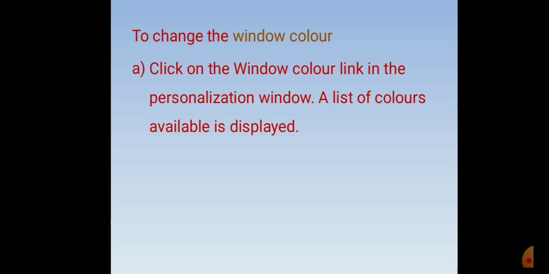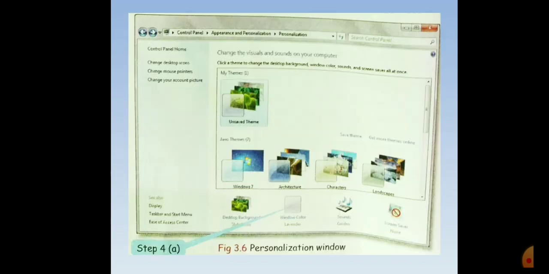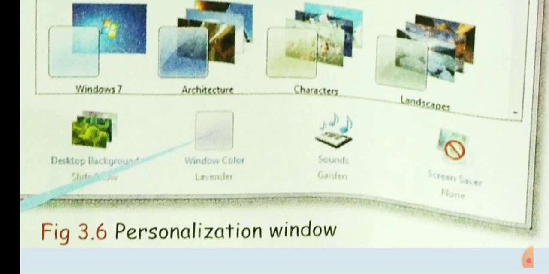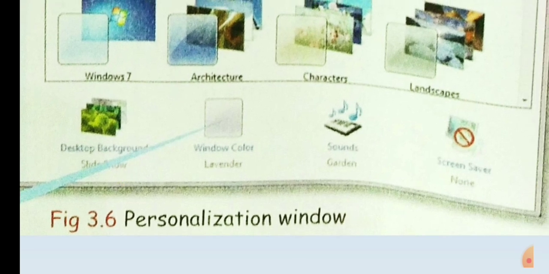Now how to change the window color? Click on the window color link in the personalization window. A list of available colors is displayed. Click on the desired color and click on the save changes button. In the personalization window we have all the options: desktop background, window color, sounds and screensaver.